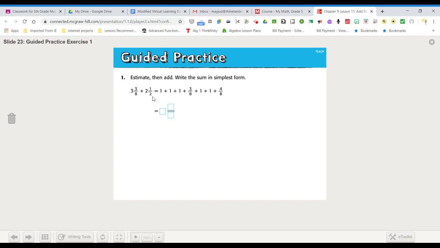We have 2 as a denominator, so we need to get the same denominators. So they took this 1/2 and changed it into 4/8 over here by multiplying by 4. Now you can simply add it up. 3 plus 2 is 5, and then you have 3/8 plus 4/8. Hopefully everybody knows that that is 7/8. So you end up with 7/8.